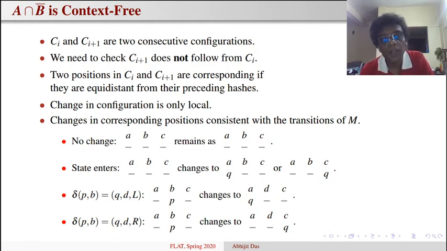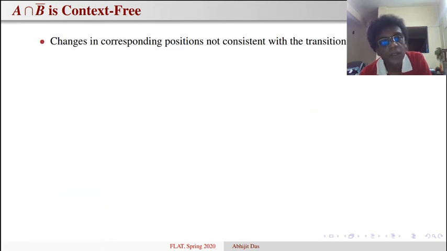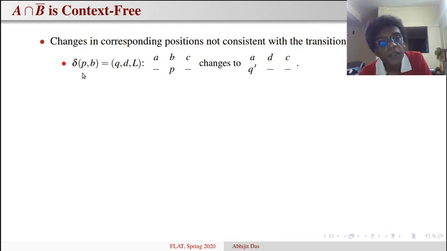So now let us look at changes in corresponding positions that are not consistent with the transitions of M. Here are some examples. This is not exhaustive, but we can generate an exhaustive list of all inconsistent changes in the corresponding positions. Let's say, for example, this transition function says delta of P comma B is Q, D, left.